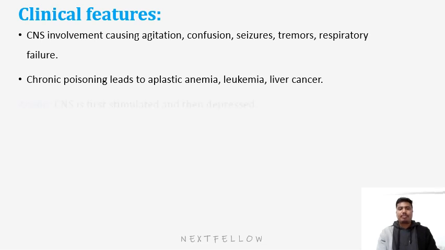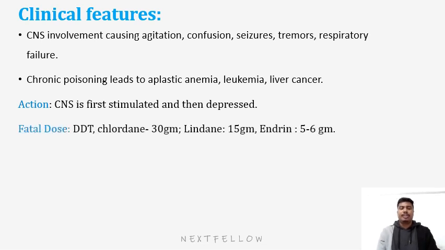Now its action is that the CNS is first stimulated and then depressed. The fatal dose of DDT, dichlorodiphenyltrichloroethane, and chlordane is 30 gram. For lindane it is 15 gram, and for endrin it is 5 to 6 gram. The fatal period is 1 to several hours.